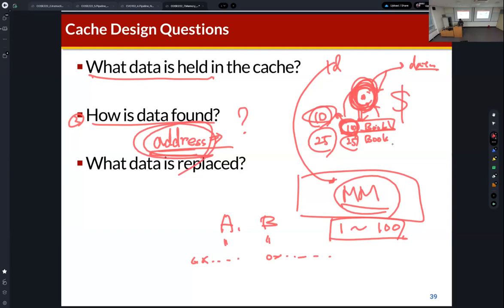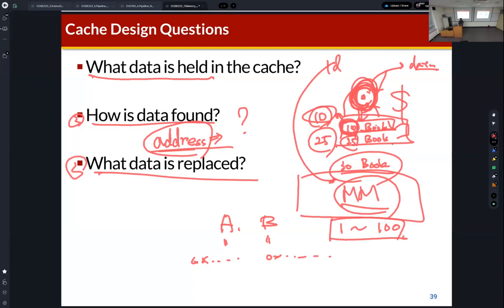And then the third, what data is replaced? Why do we need this? Because the cache size is limited, it's smaller. For example, there are 2 slots in the cache here, and we want to store another book, like book number 30. But this cache is already full.